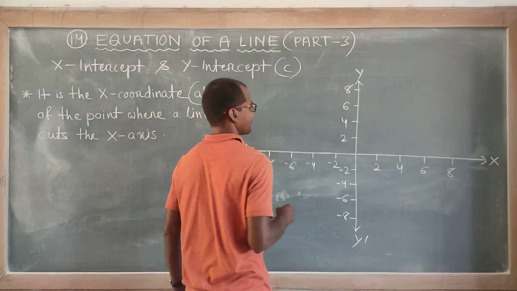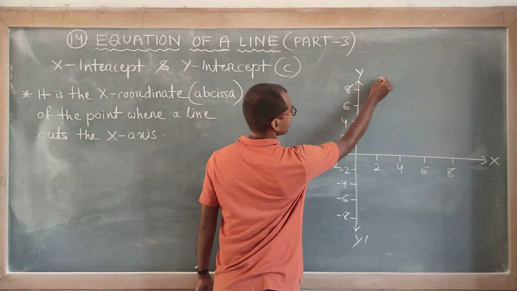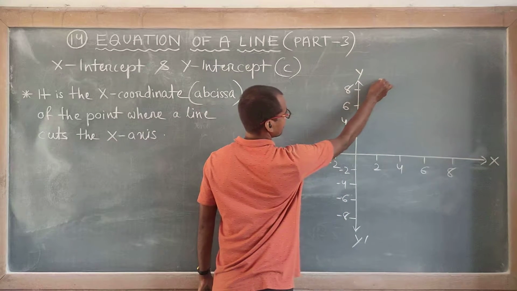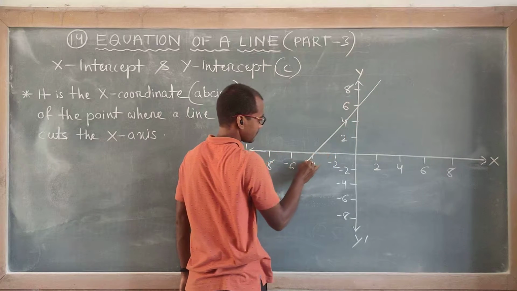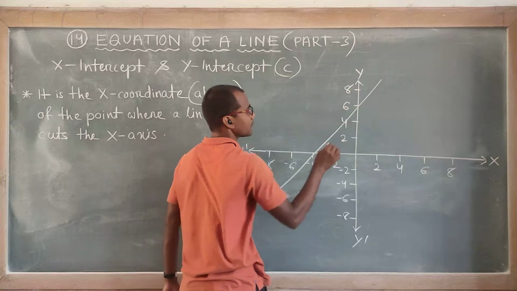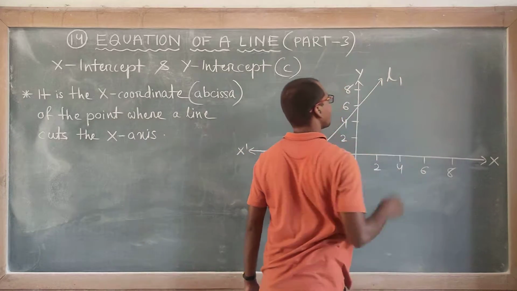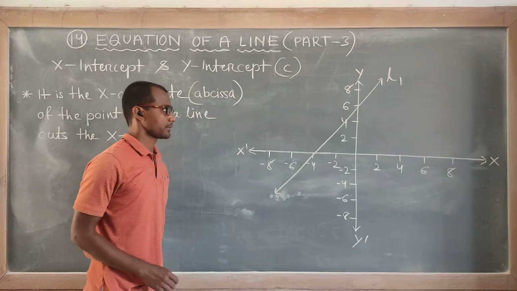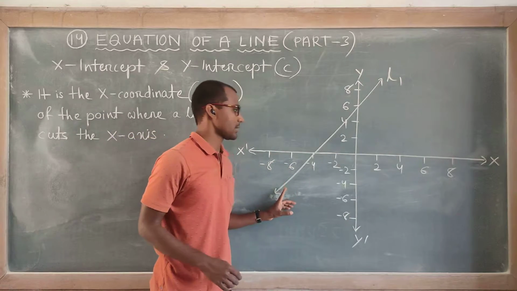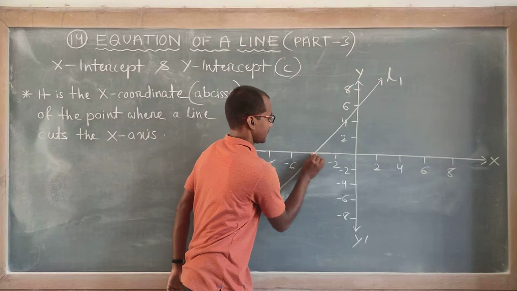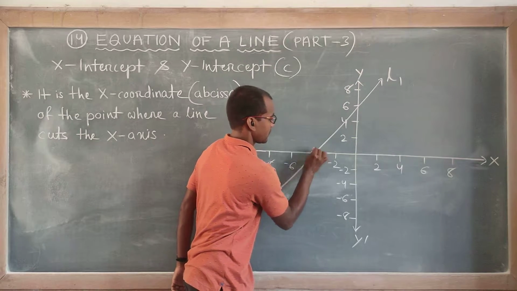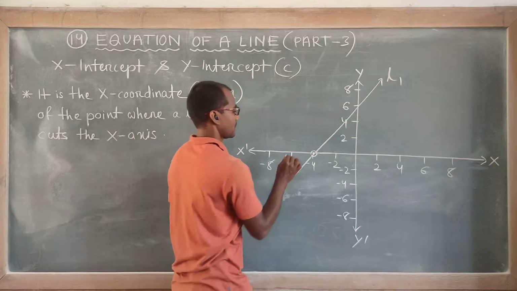Let me draw a line. Suppose this is a line L1. Now see, where is this line intersecting the x-axis? Here, this point. Now what are its coordinates?